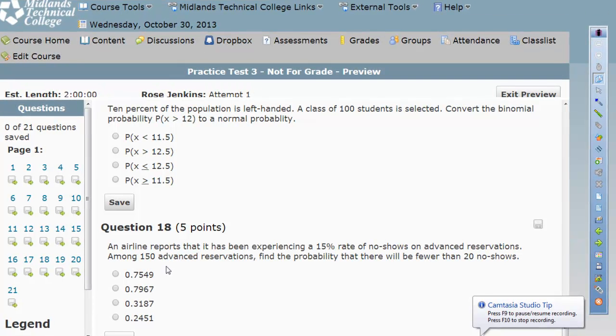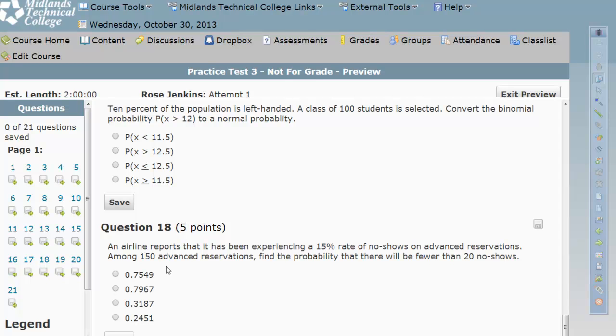All right, 10% of the population is left-handed. A class of 100 students is selected. Convert the binomial probability of x being greater than 12 to a normal probability. This one's kind of out of context. It's just asking you to do it. But we talked about using the normal distribution to approximate a binomial distribution, and we'll see a better example of this a little bit later.